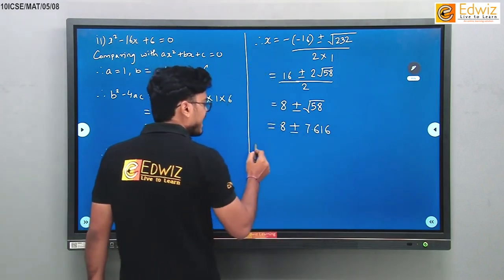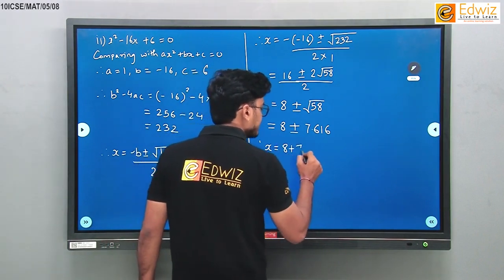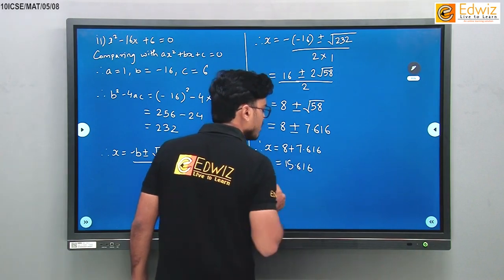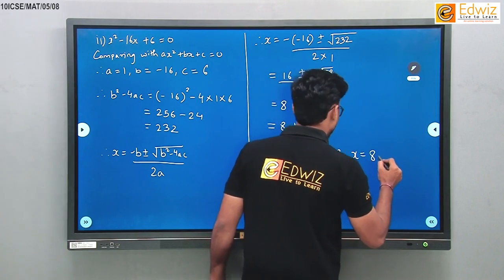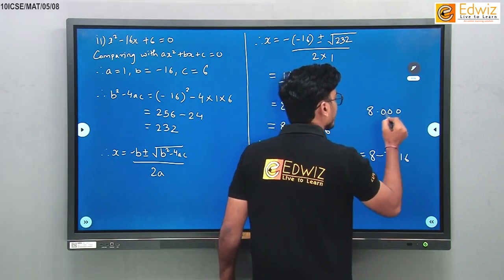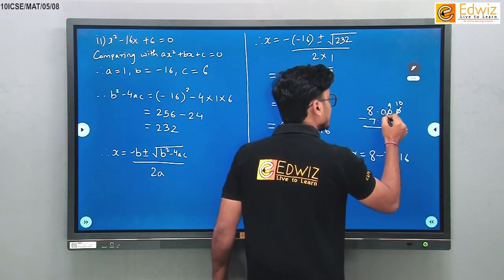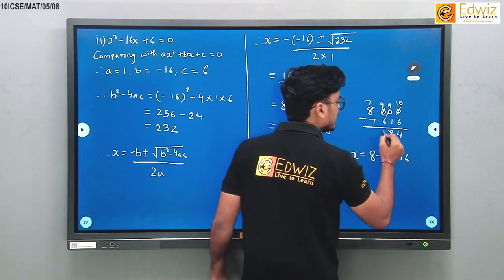7.616. So the value of x will be equal to 8 plus 7.616, that is 15.616, or x will be equal to 8 minus 7.616. Let us subtract this. Okay, so this will be 10, this will be 9, this will be 9 and this will be 7. 10 minus 6 is 4, 8, 3.